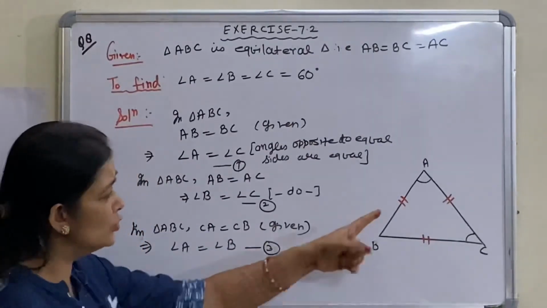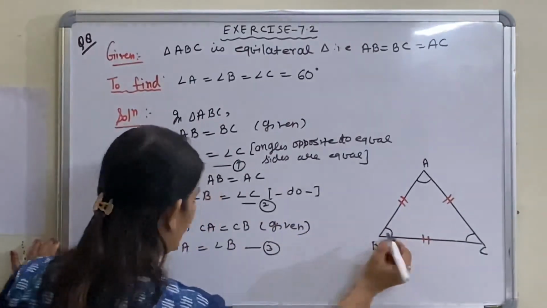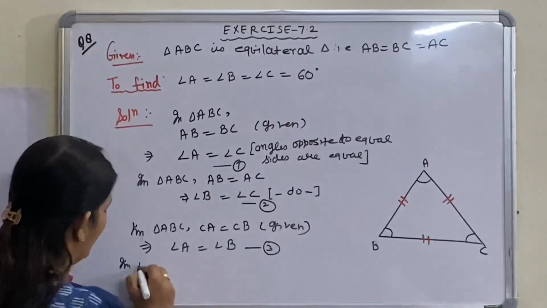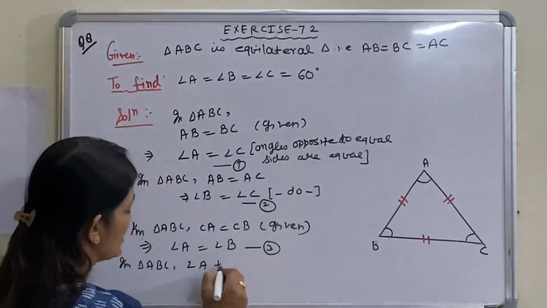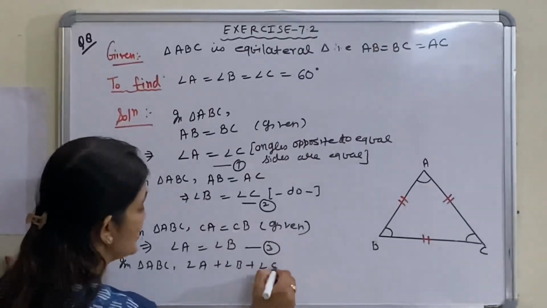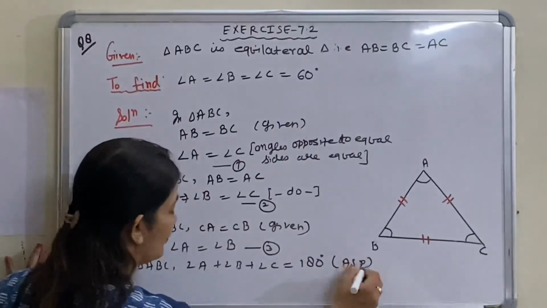And now we can use angle sum property in this triangle. So in triangle ABC, angle A plus angle B plus angle C is equal to 180 degrees. Angle sum property.